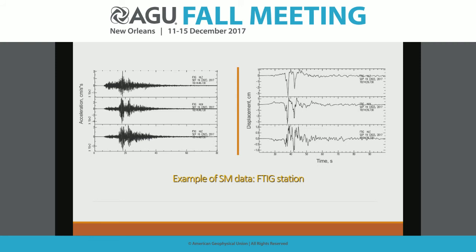I will show you some records from these stations located southeast of the epicentral position. You can see here the accelerograms, the strong motion records from this station, and you can distinguish two pulses in the records. After two numerical integrations, you obtain this signal with the two pulses separated by around 5 or 6 seconds.